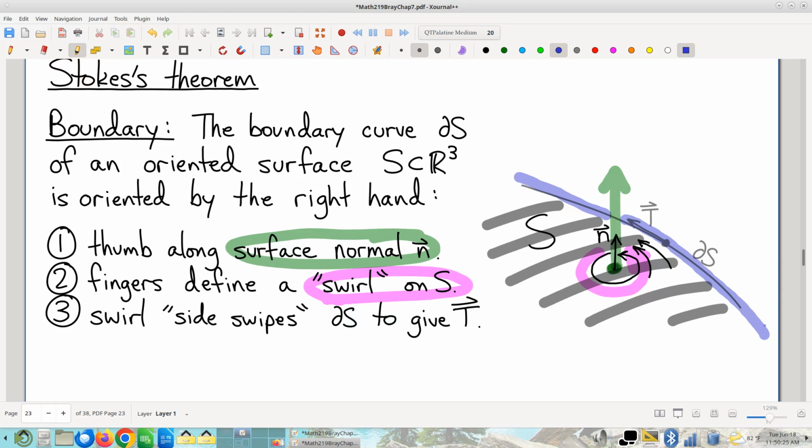Well, it's pushing that way, in this case. And that's the standard for how we determine boundary orientations on boundary curves for oriented surfaces. What do you think? Anybody see how this works?